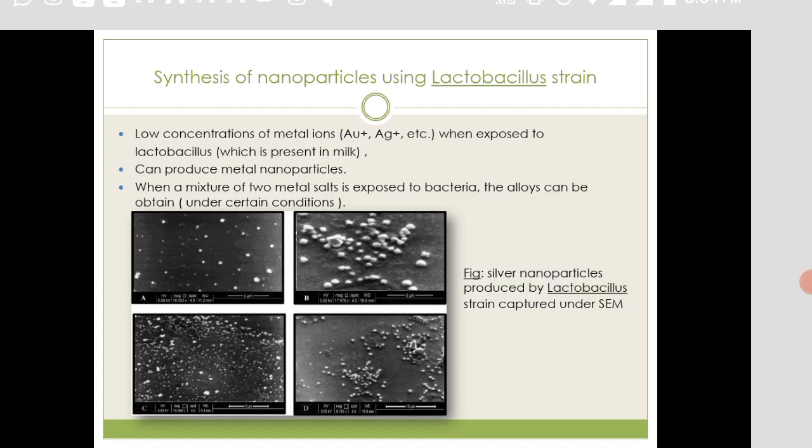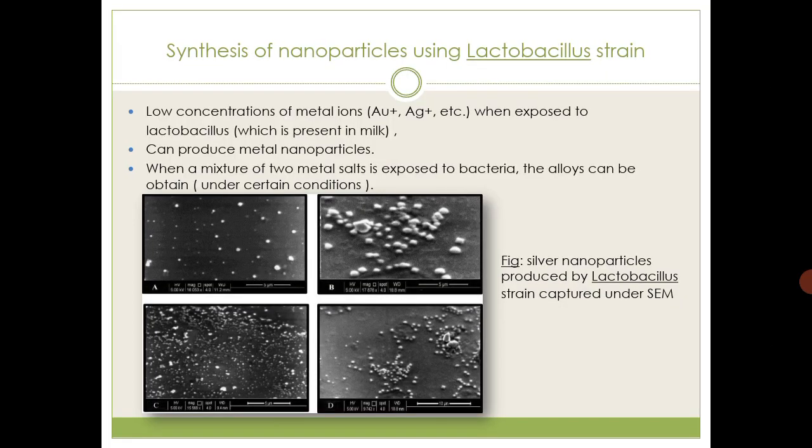So now with this strain we can also synthesize the alloys, which is the mixture of two metals, and when a mixture of two metal salts is exposed to the bacteria, the alloys can also be obtained under certain conditions. It requires certain optimum conditions for producing the alloys.